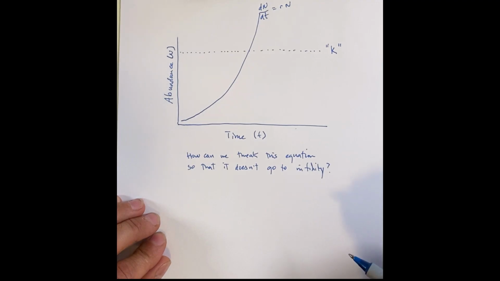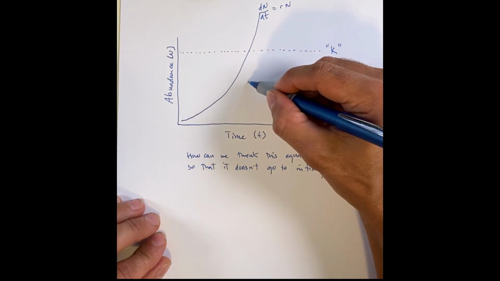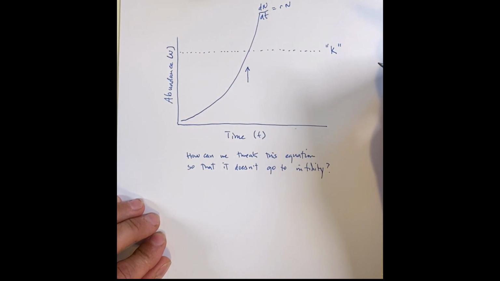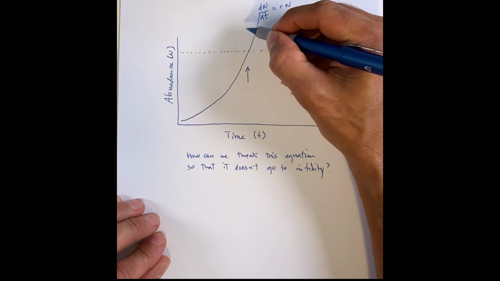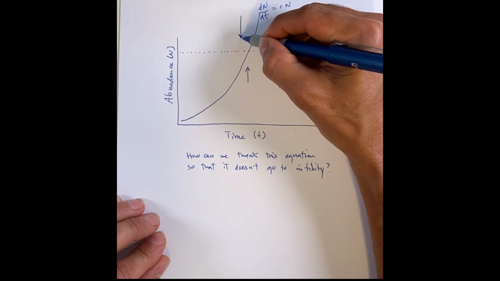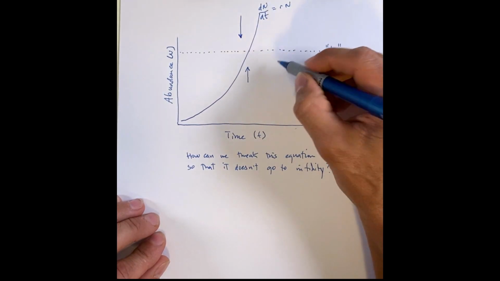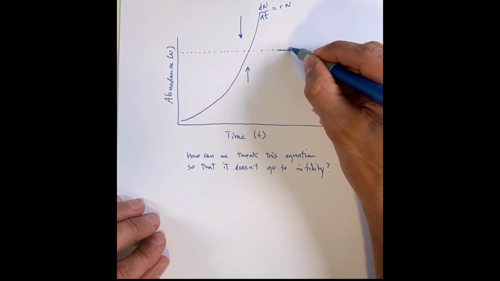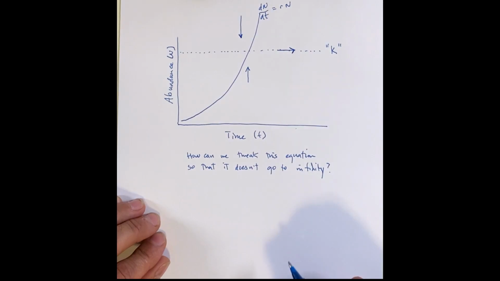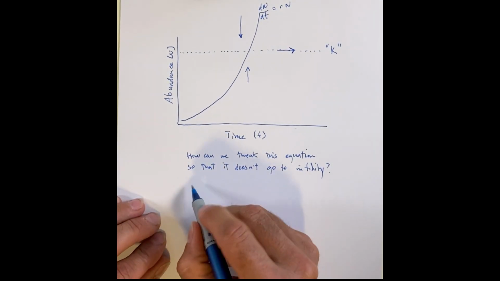And we can modify the exponential growth equation so that when the population is below this number, it will tend to increase. And when the population is above this number, it will tend to decrease. And when it's exactly at the level K, the population won't grow.